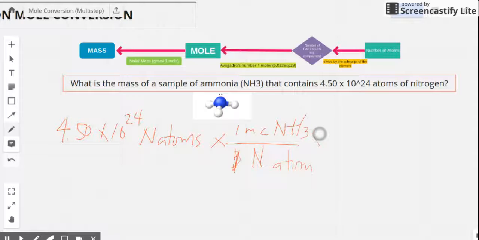So it's just 1, times Avogadro's number below, so 6.02 times 10 to the 23 molecules of NH3 for every 1 mole.